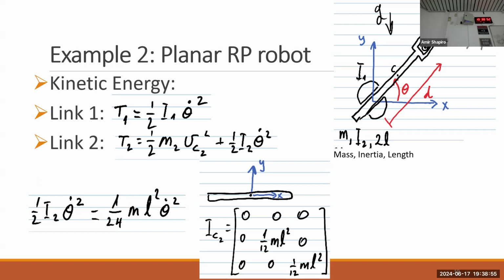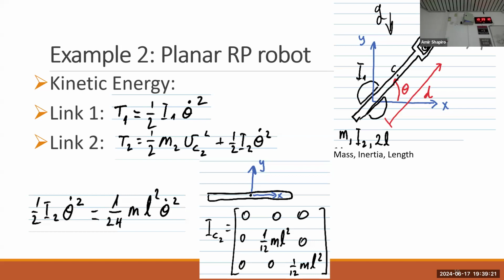So let's see what I is. I for a rod, for a very narrow rod of length L, there is no inertia around its own axis because it's very narrow. But around X, around Y and Z, we have 1/12 m l squared.